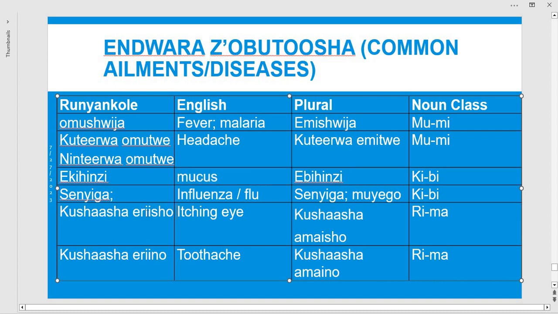Then kushasha erisho, itching eye. Erisho lyando kushasha. Ninshasha erisho, meaning my eye is paining. Kushasha means to pain. If you say ninshasha erisho, let me write it for you, because you should know.